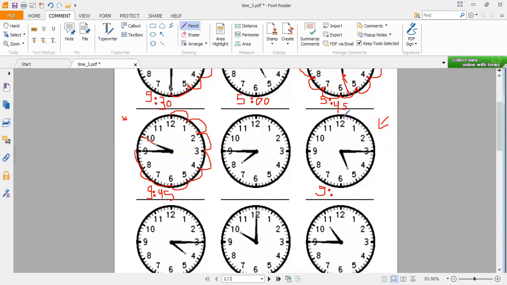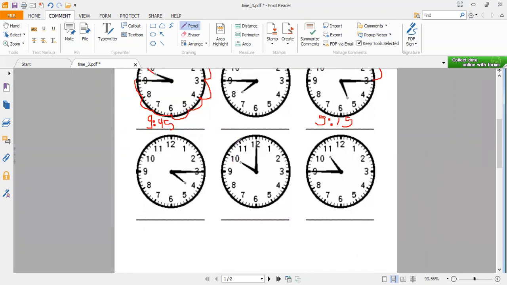Okay, let's count. Number 3 here refers to which minutes? Let's keep counting by 5, starting from 12 until we reach the minute hand. 5, 10, 15. 5 and 15 minutes.